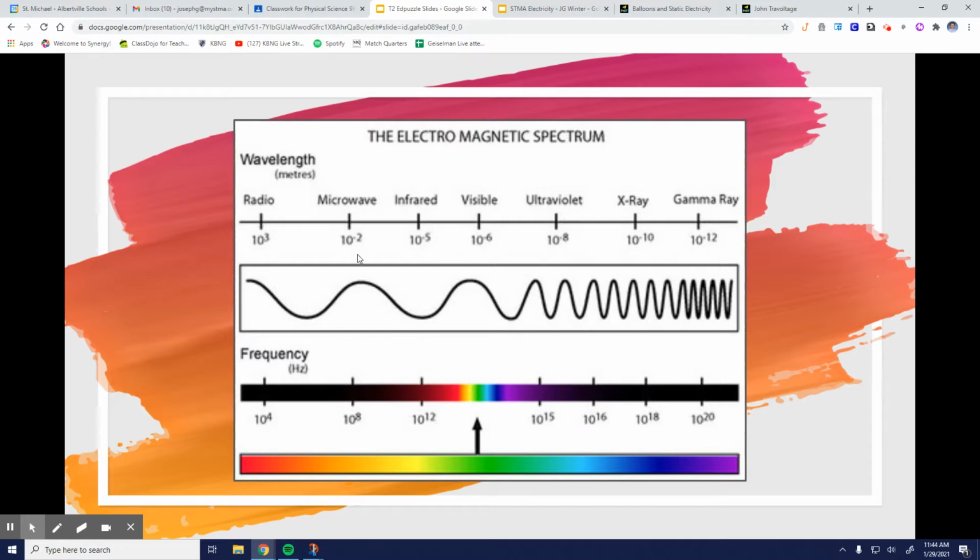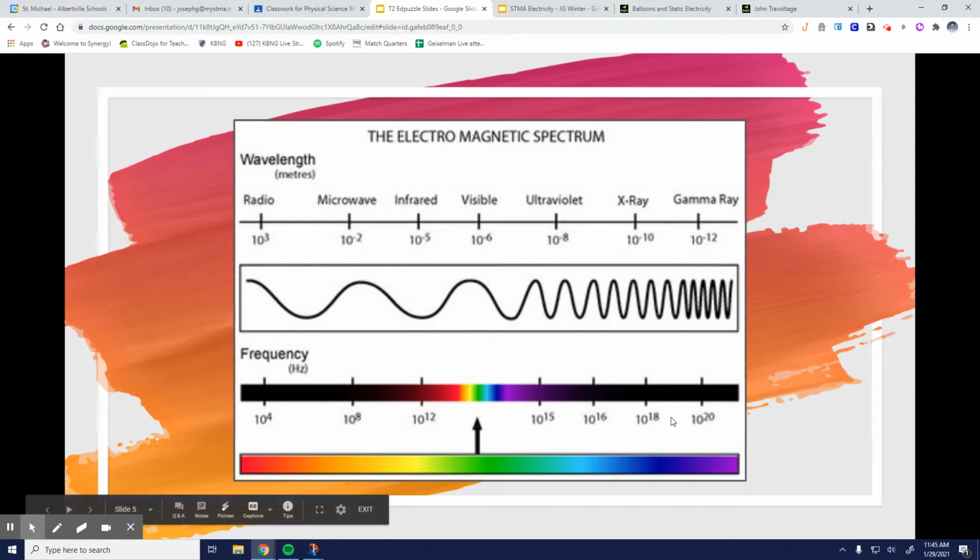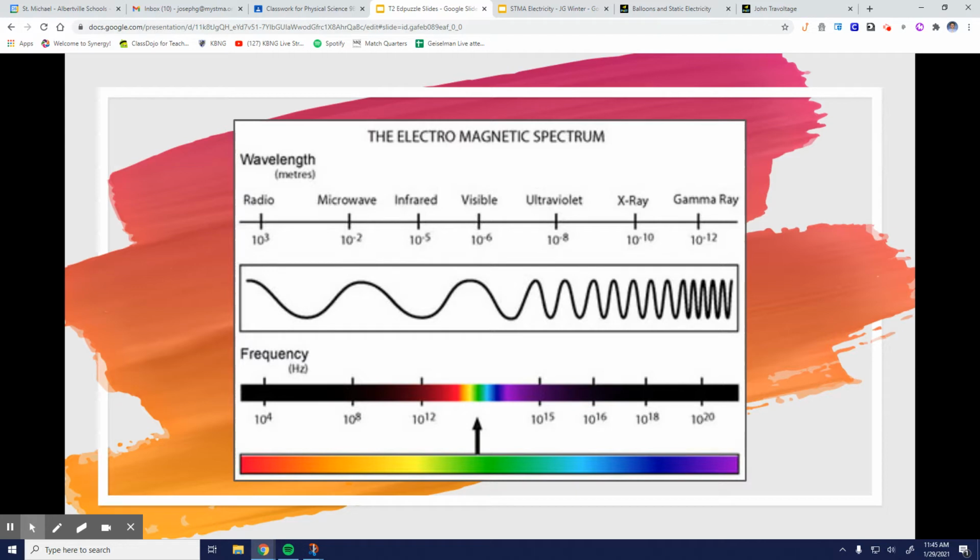As we move down the spectrum to microwaves, infrared, visible, ultraviolet, all the way to gamma, we see that our wavelengths are getting smaller. And because our wavelengths are getting smaller, our frequencies are increasing. So as we go from left to right, we see that the frequencies increase. And as we'll talk about later, frequency does affect the energy of the wave.